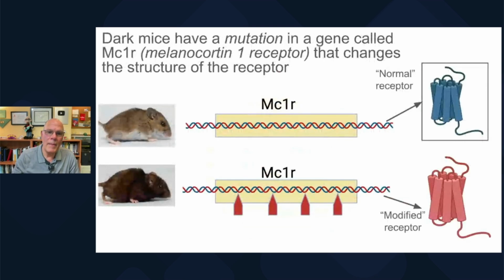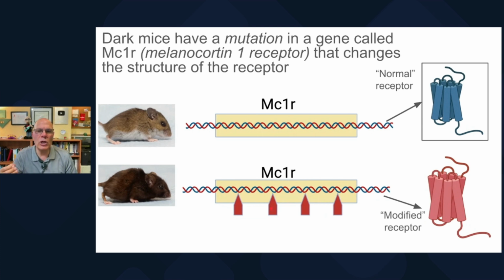If you're a dark mouse, then you have a mutation in a gene that's called MC1R that changes the structure of the receptor. So this molecule, the double helix, is DNA. DNA constitutes instructions, and those instructions are for making protein. If you are a brown mouse, then you have instructions for, let's call it, the normal receptor. If you're a dark mouse, then you have, in the case of the rock pocket mouse, 4 mutations, 4 changes in the instructions.